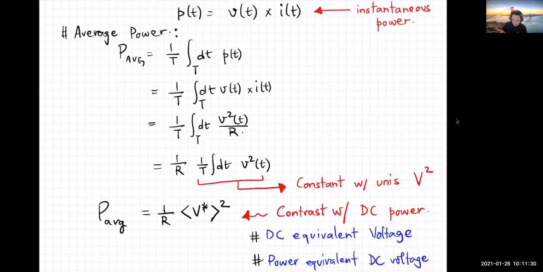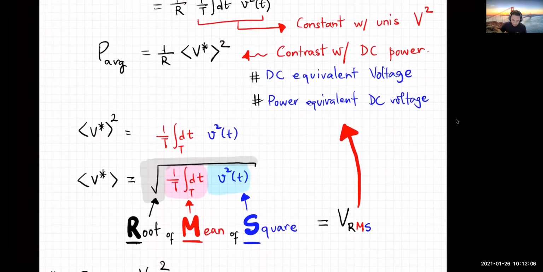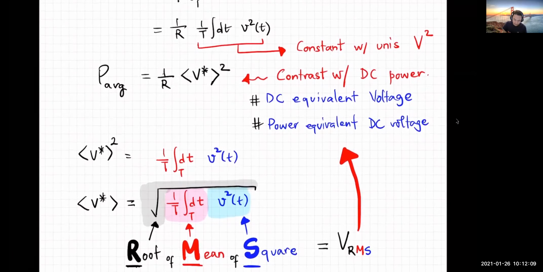What that means is if instead of this time varying signal, I had a voltage of this value being applied across a resistor, the DC voltage signal would dissipate the same amount of power as this time varying signal. So this voltage is a measure of the power being dissipated by the time varying signal, but measured in volts.